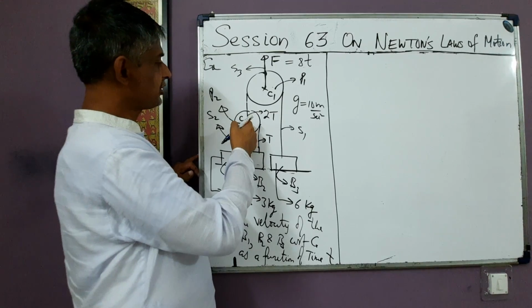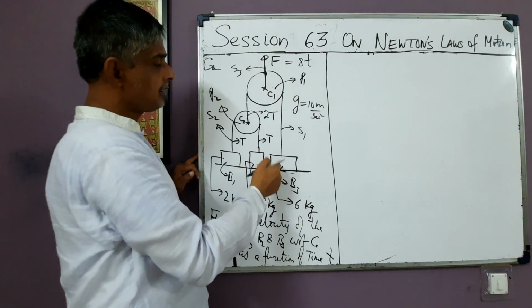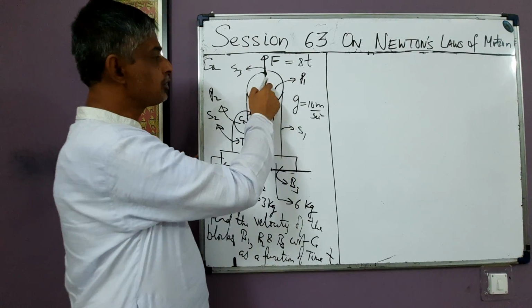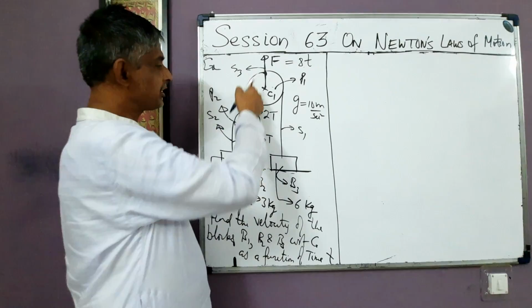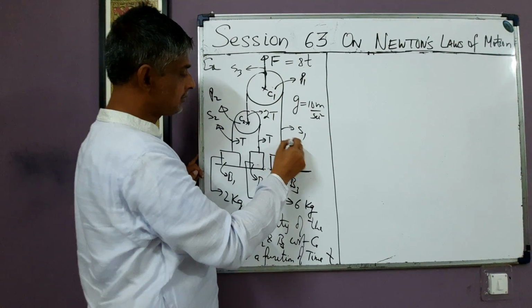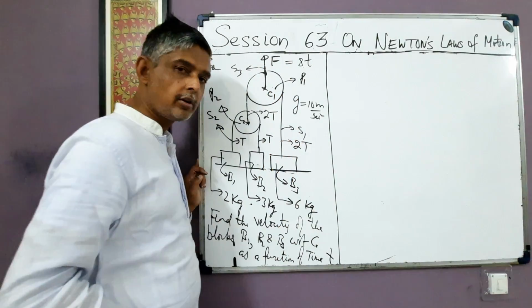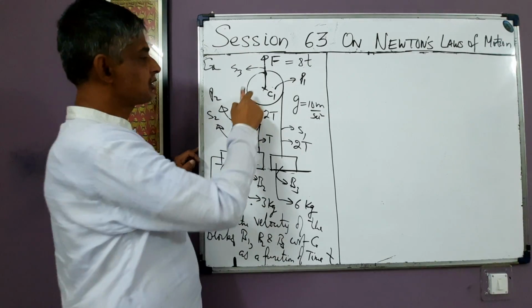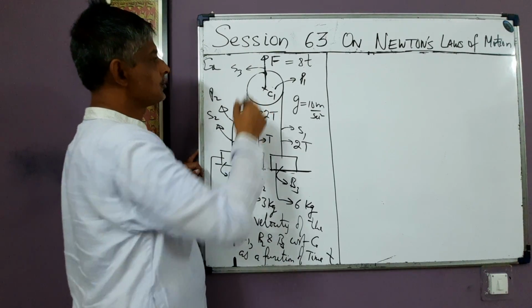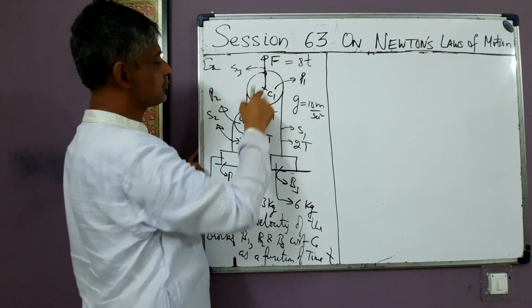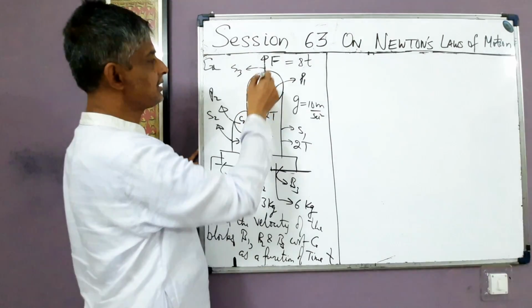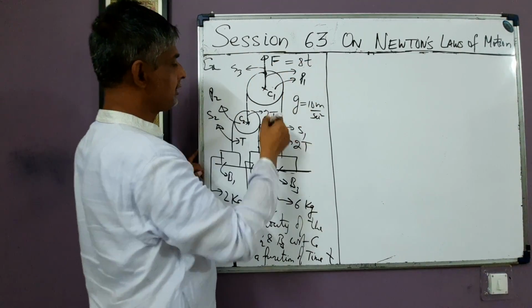Now string S1 is massless and there is no friction between string S1 and pulley P1 in contact. So tension at all points of string S1 is same, say 2T. Now this pulley P1 is massless, so tension in the string attached to pulley P1 at C1 is simply 4T.